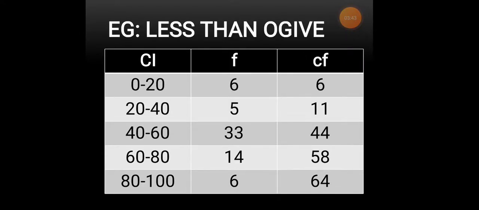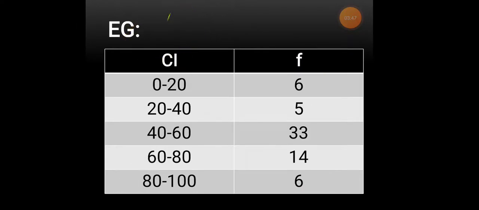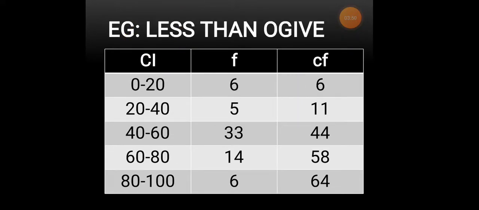So how are we going to do the less than ogive? As the name itself tells, it is less than. So you take into consideration the upper limit of each and every class interval. Less than 20: 0 to 20 frequency is 6, so we directly write the value 6.